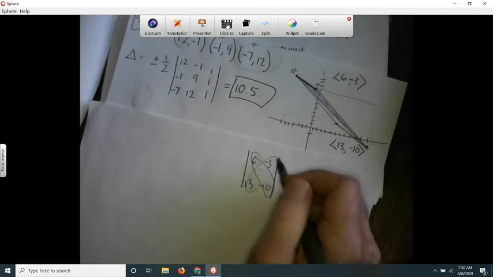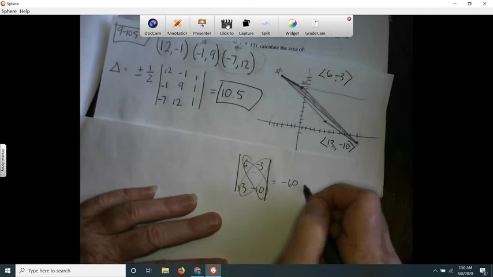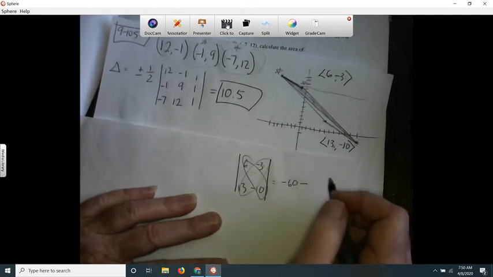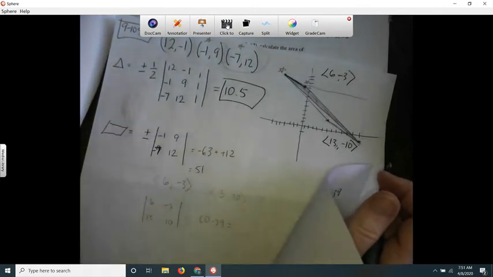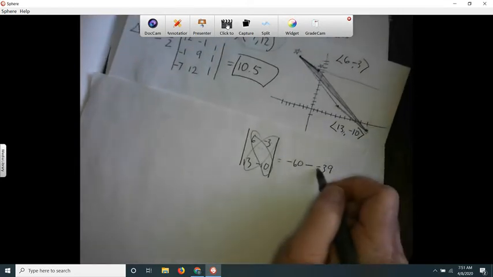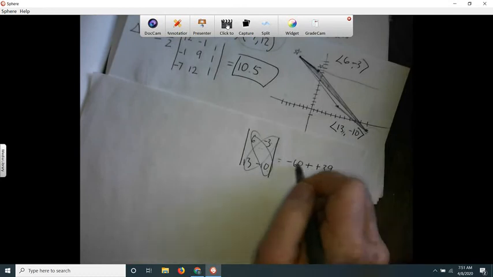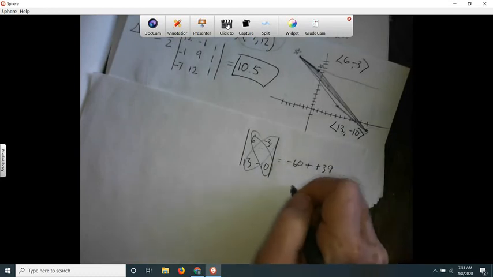You find determinants go this times this, minus this times this, and then it gives me that difference right there is 21, but it's -21, but I want 21.